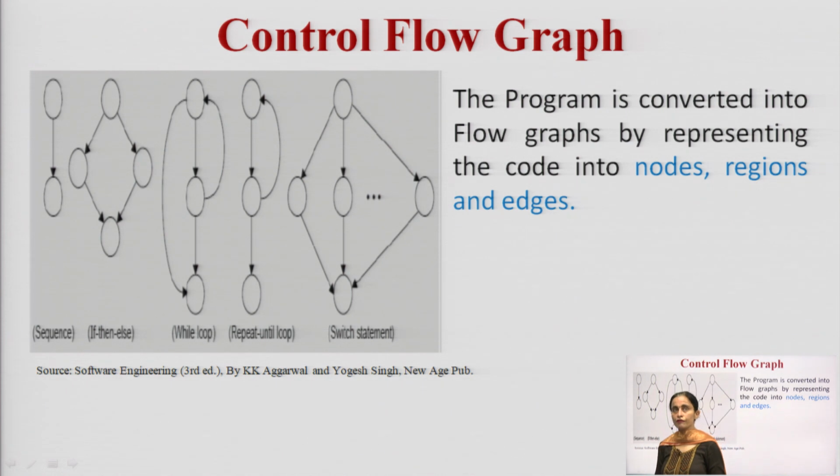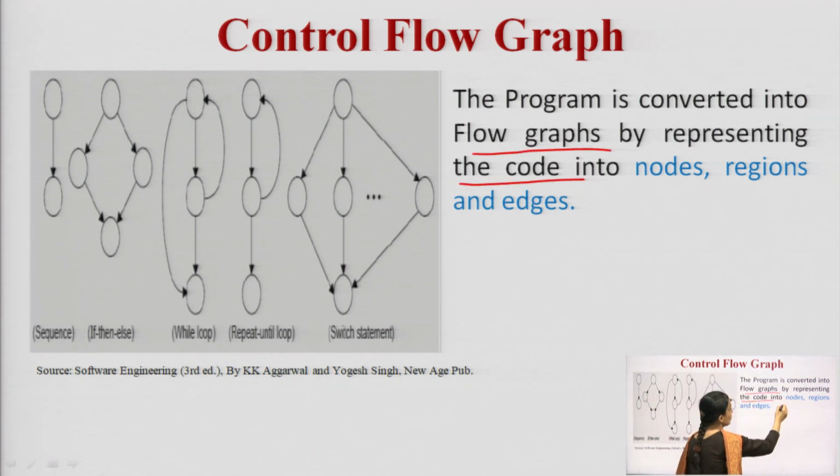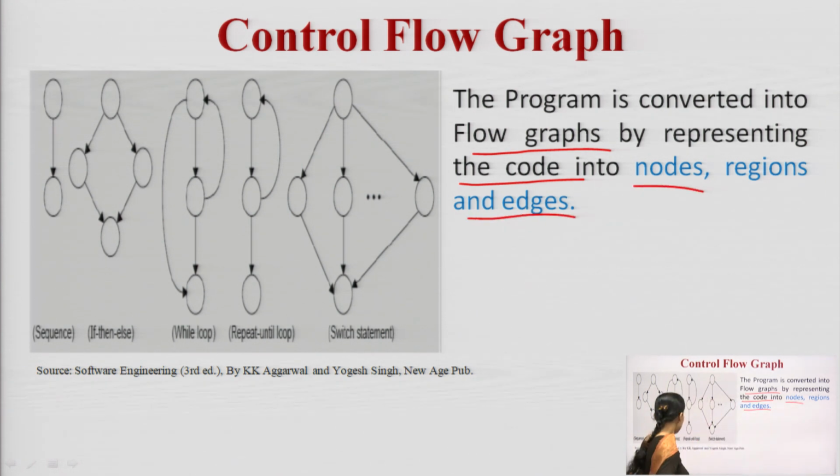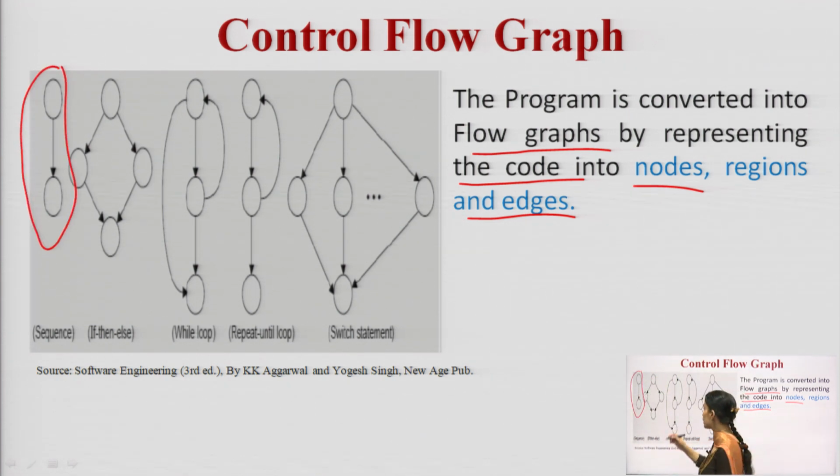This is the control flow graph, that means my written program is converted into a flow graph, where the code is represented by nodes, regions and edges. All the linear sequence statements are represented like this. If there is any if-then-else structure, I will take if, then and else. This is for then and this is for else.